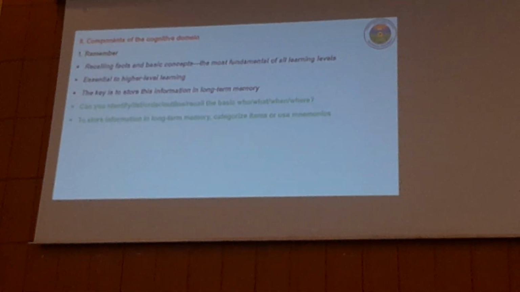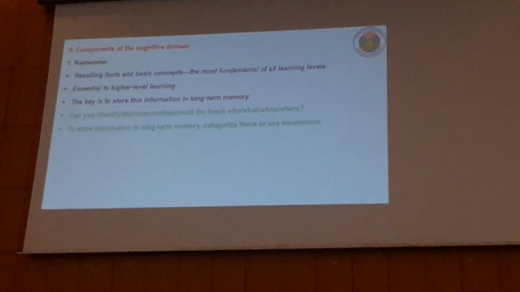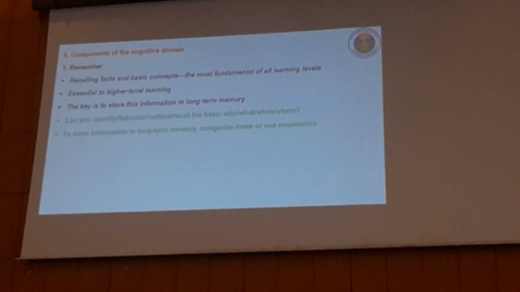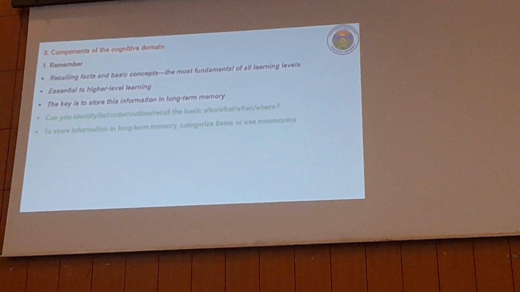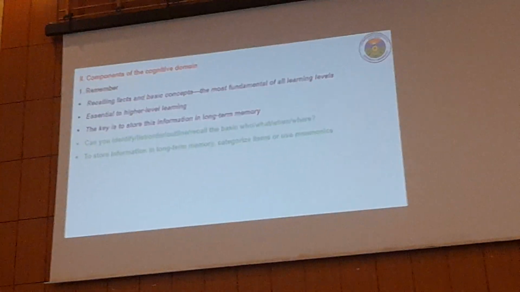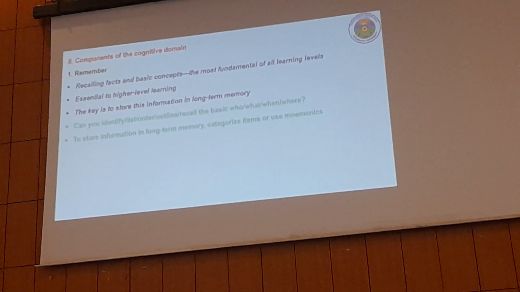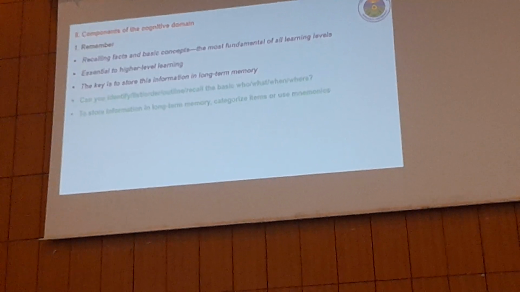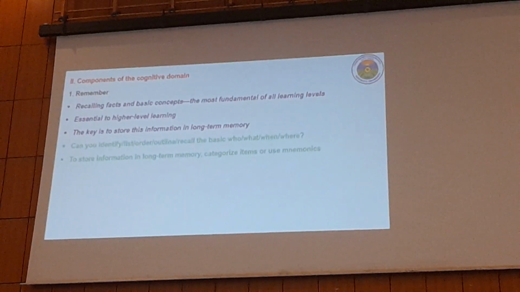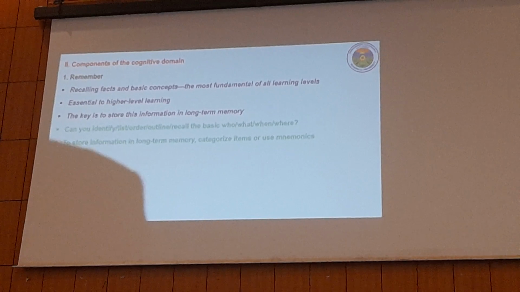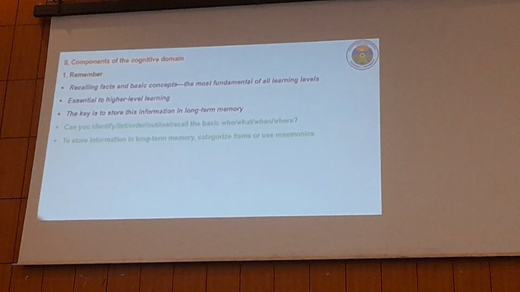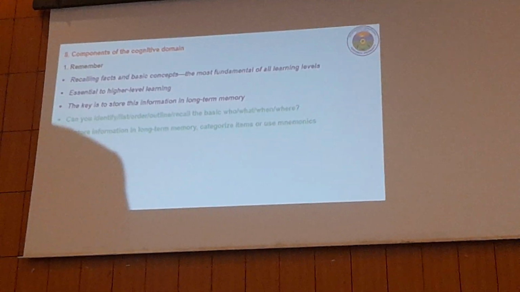For the sake of time, regarding the components of the cognitive domain, I have already said we couldn't go into the skill one and the attitude one. What we focus on is the simple knowledge. In knowledge, the first one is remembering, and in exams it's very common, for example recalling basic concepts.